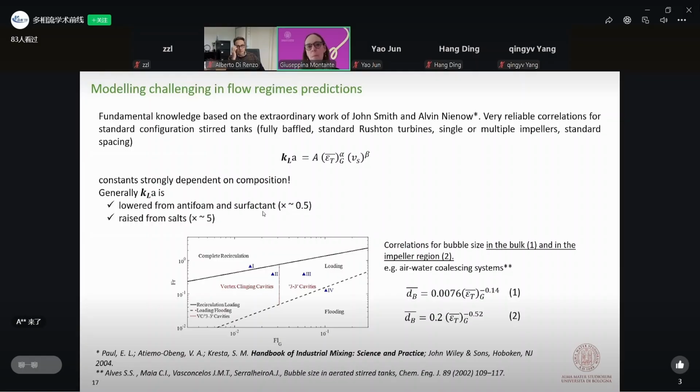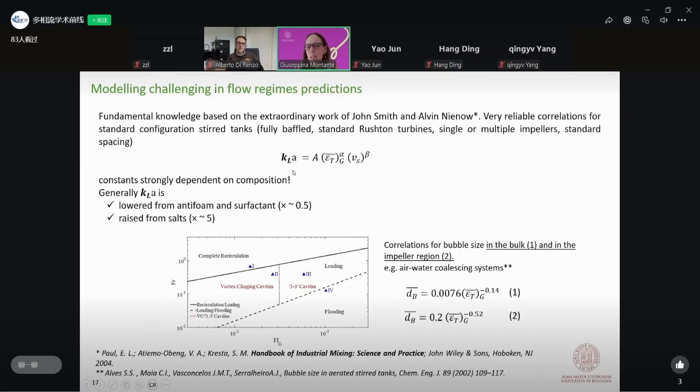And so they came out with the fact that KLA, the volumetric mass transfer coefficient, depends on the turbulent dissipation rate in gassed conditions, and on the superficial gas velocity, which depends on the gas flow rate.